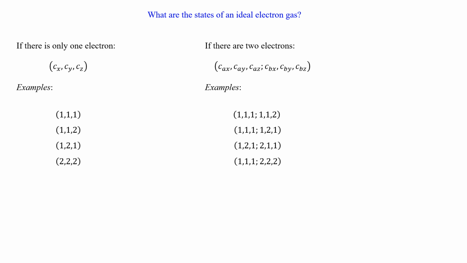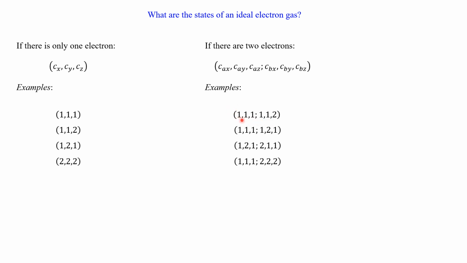Now if you have two electrons, then each electron will be in a different state, and it is the combination of these states that labels the state of the system. So, for example, one electron in the state 111 and another electron in the state 112 labels one state of the system.